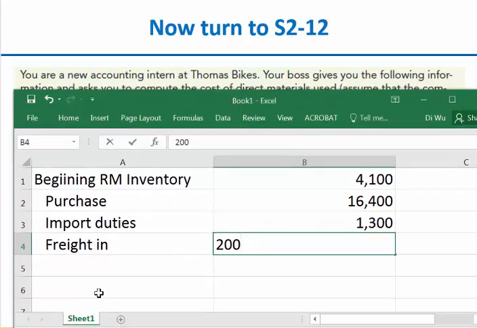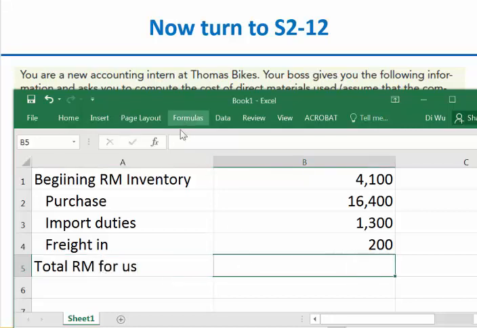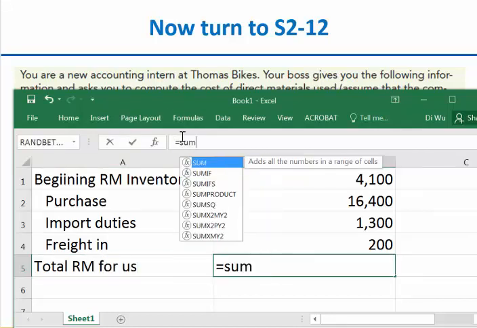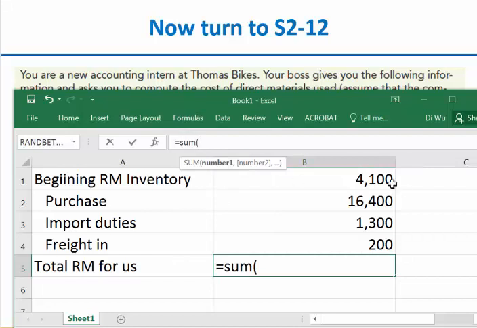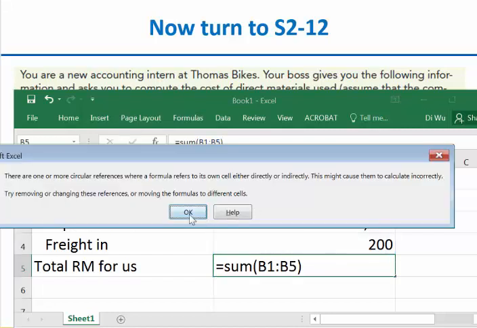Now, if I add them together, I have the total raw materials for use. The calculation is pretty simple, or you can just use the Excel sum function to add all these numbers.